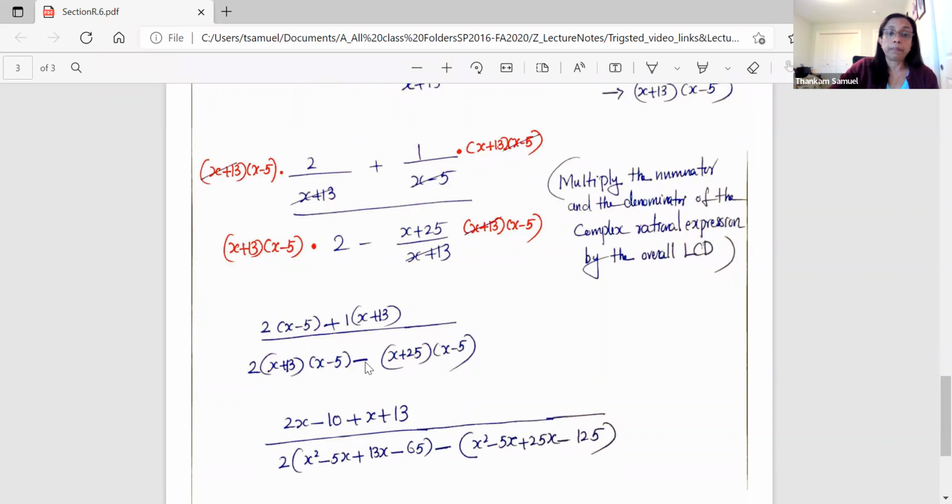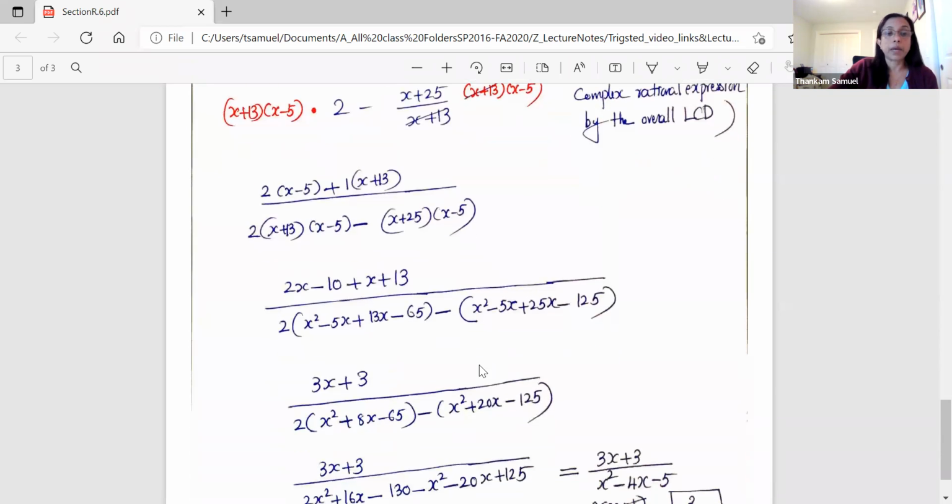I would suggest you keep this negative sign there and first find the product of x plus 25 and x minus 5. Then distribute this negative sign over the terms in the product. When you distribute 2 over these terms, you have 2x minus 10 plus x plus 13. Those are the terms in the numerator.